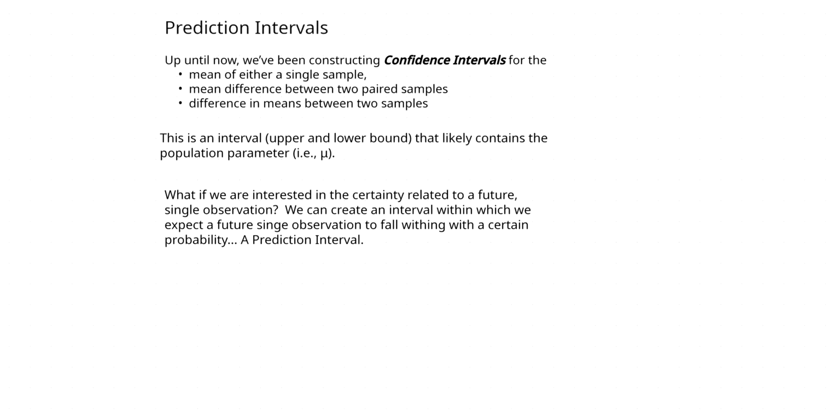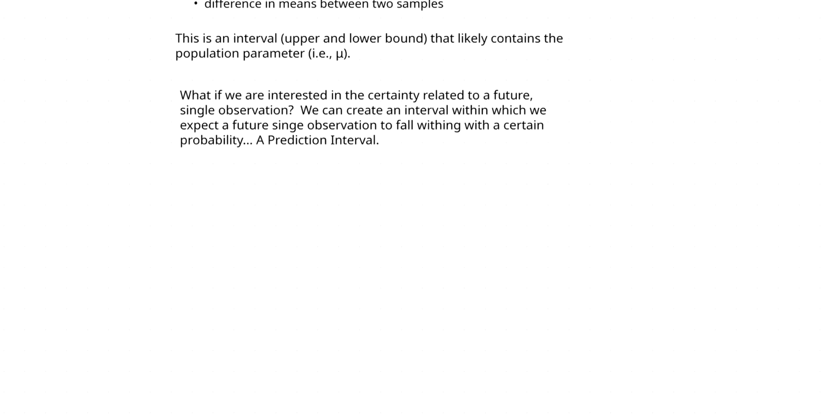Now, let's just look at a little theory here for the prediction interval. So I've got my mean here, let's just say X bar, and then I've got a confidence interval that goes on either side of that X bar that we've calculated.